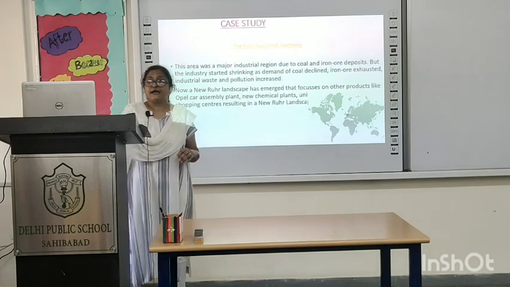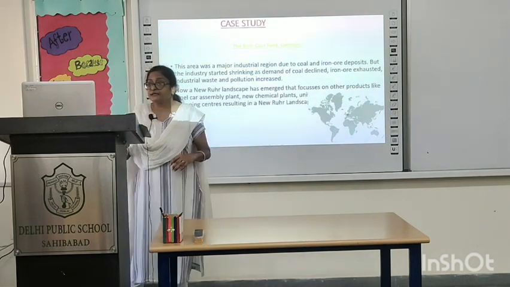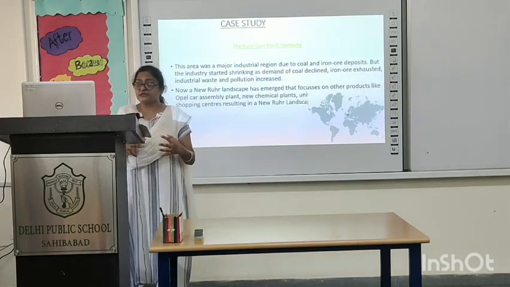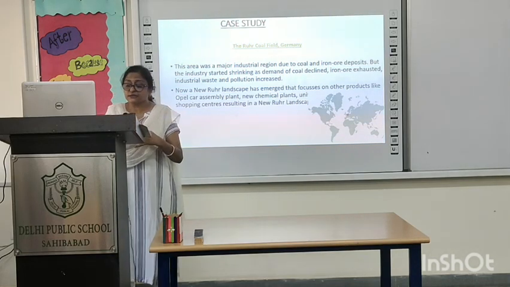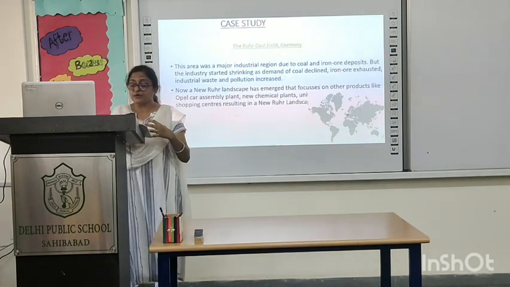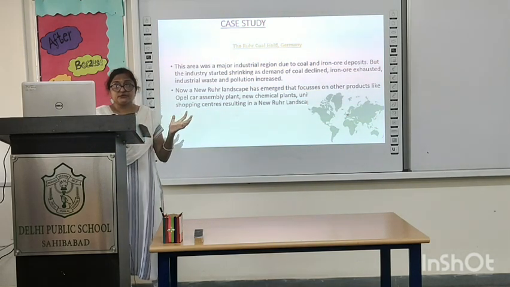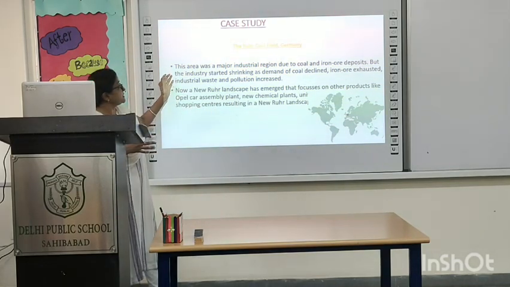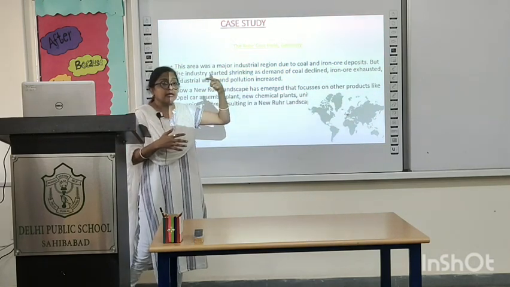Now, we will have a case study of the Ruhr coal field that is located in Germany. This has been one of the major industrial regions of Europe, and for a long time coal and iron and steel formed the basis of the economy. This area was a major industrial region due to the coal and iron ore deposits, but the industry started shrinking as demand for coal declined.